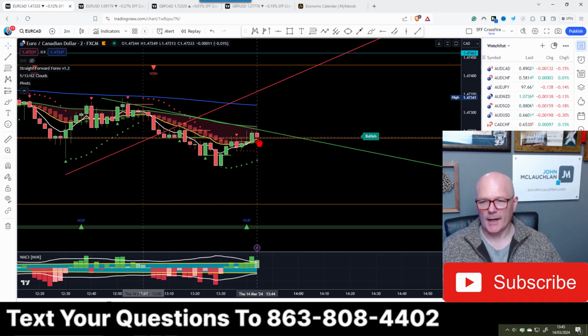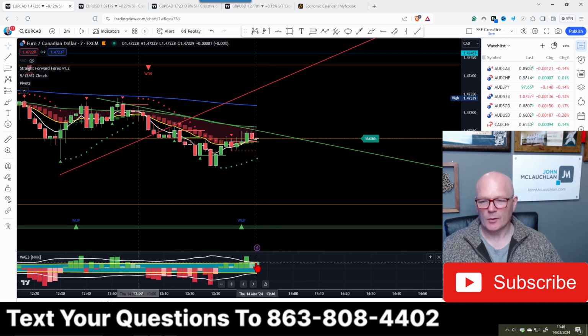If it comes down past here, this pivot can act as support, but right now it's resistance. On the Waddah Attar, again, the explosion line has come back to the dead zone. The price doesn't know what it wants to do.